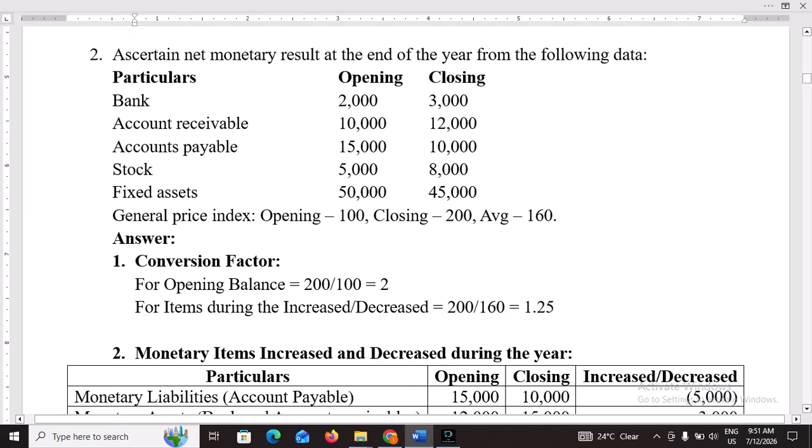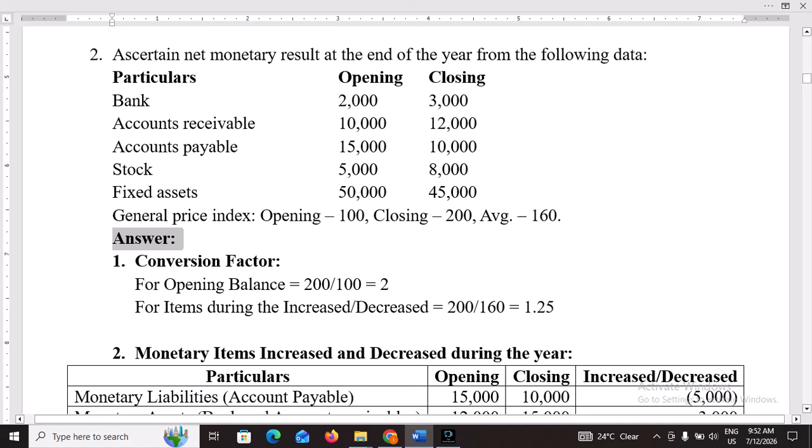Question number 2: ascertain the net monetary result at the end of the year from the following data. Particulars: bank, accounts receivable, accounts payable, stock, fixed assets, and general price index. Opening is 100, closing is 200, average is 160. A simple 5 marks problem.